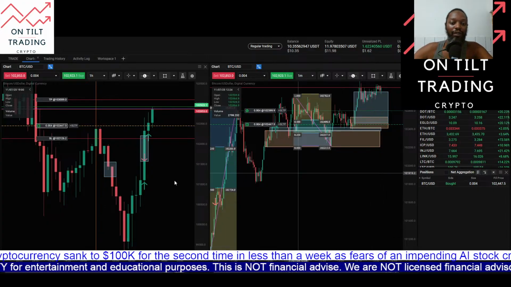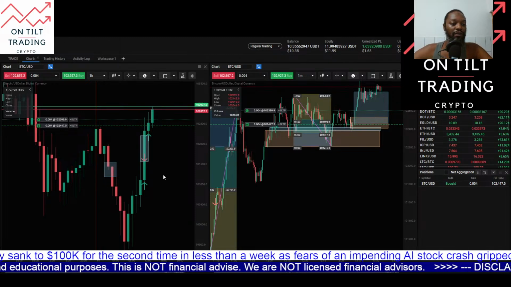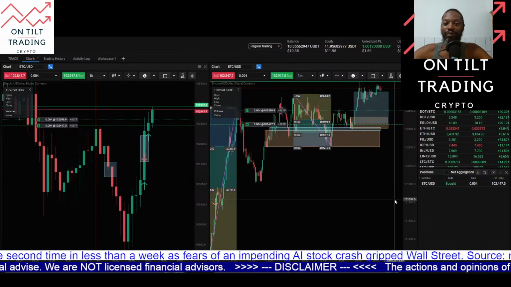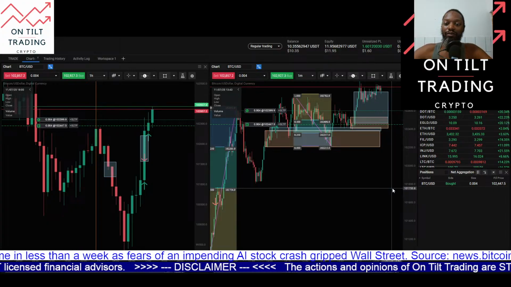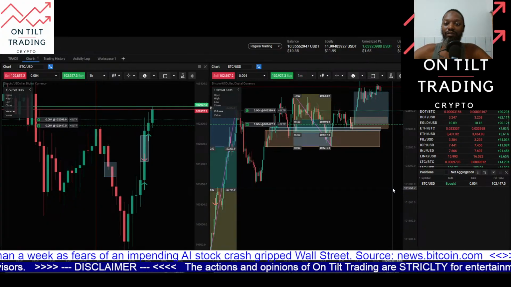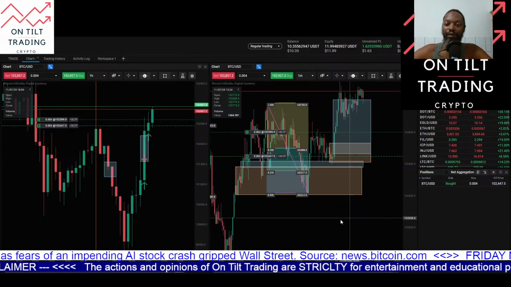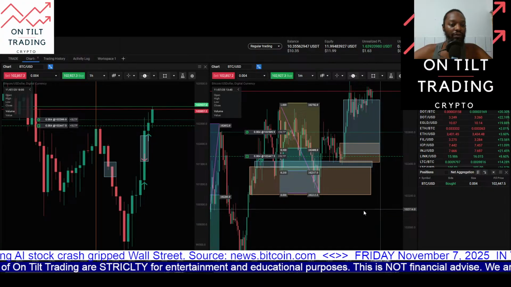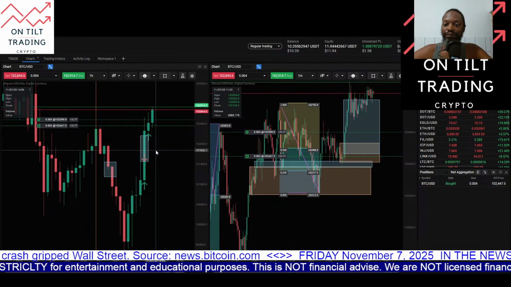We'll see what price does here. I would say at this point, I think it would be a bit more probable that price would deliver to the buy side before delivering to the sell side currently. But we don't know until price is actually delivered.